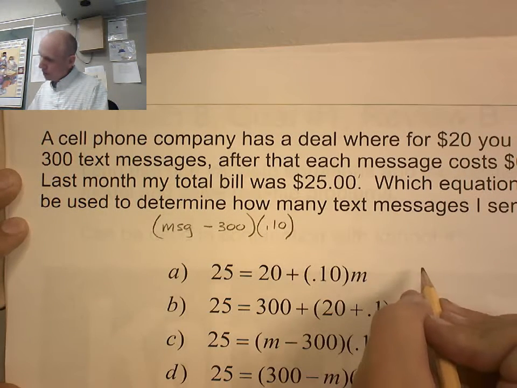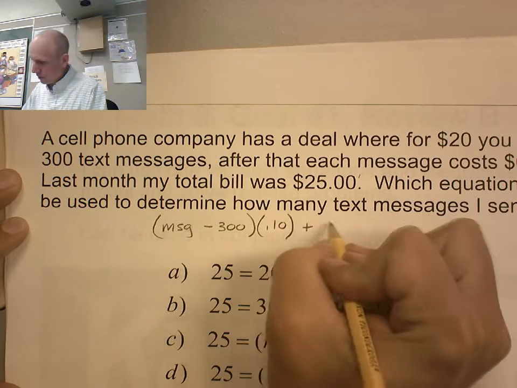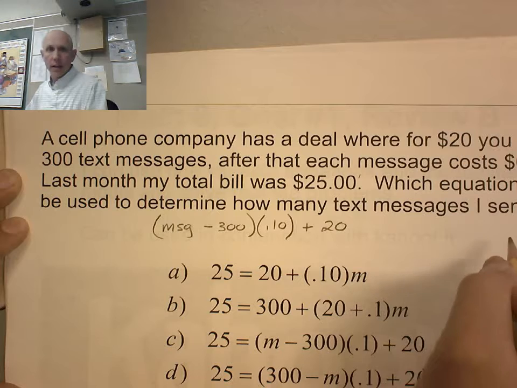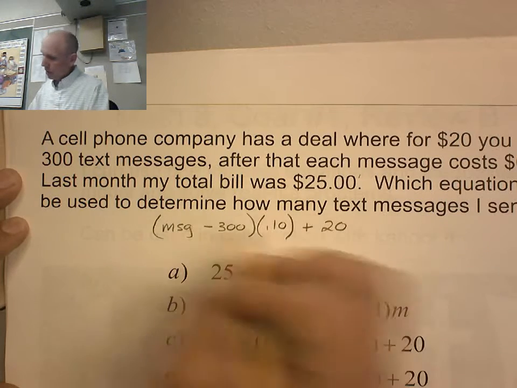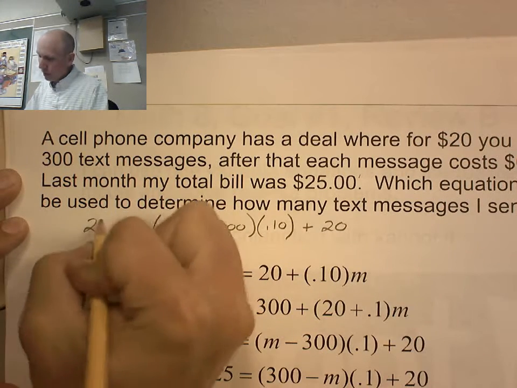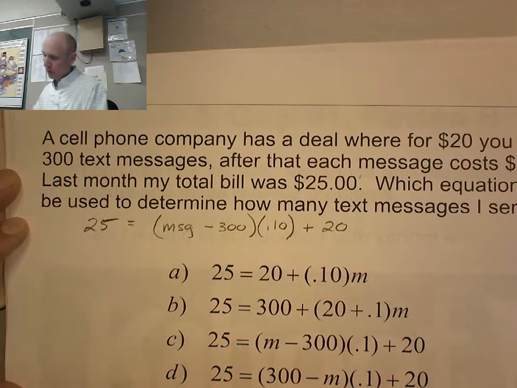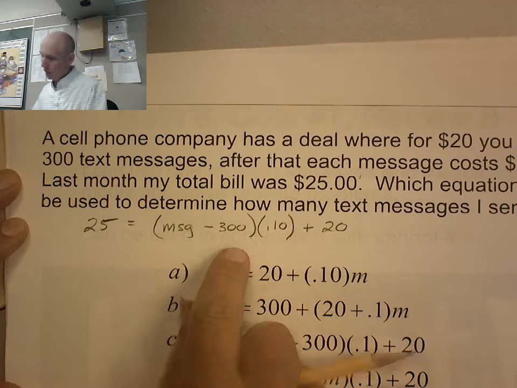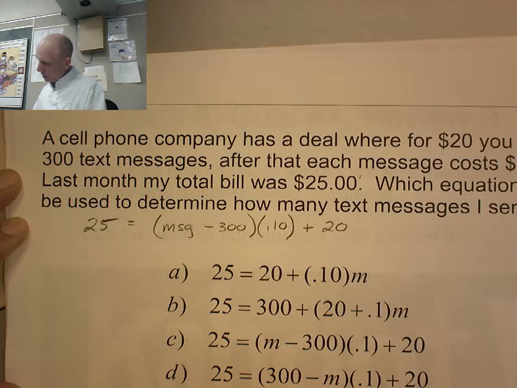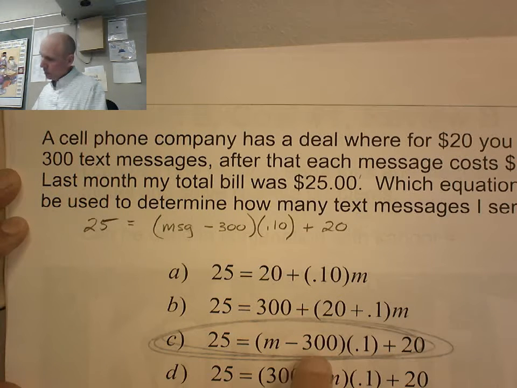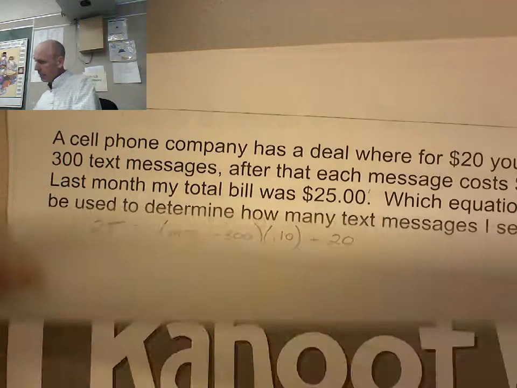And then I also have the initial $20 just to have the phone. And all of this together is going to equal the $25 that I spent. So messages, that's this guy right here. Messages minus 300 times the dime per message plus $20 for the phone. Okay, I think that's it for that one.